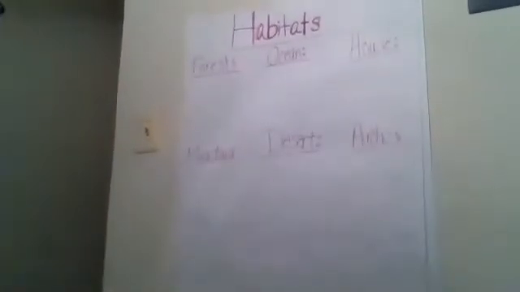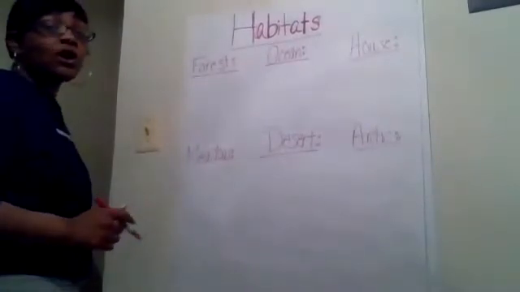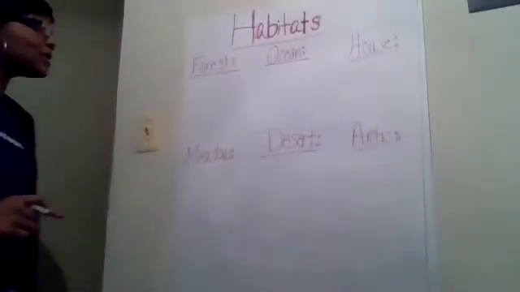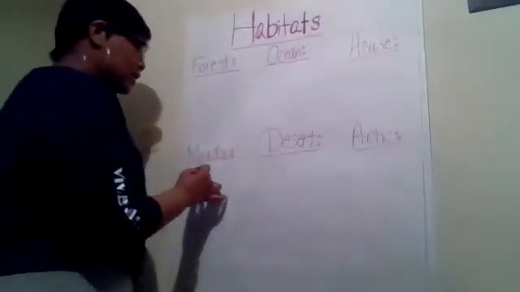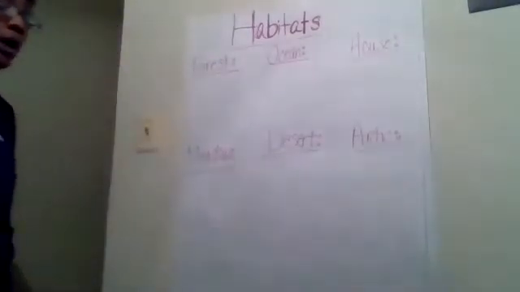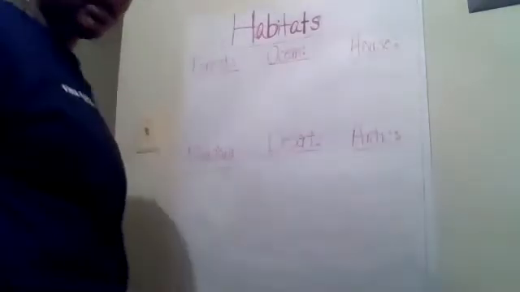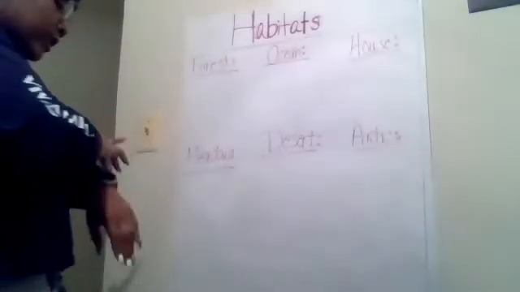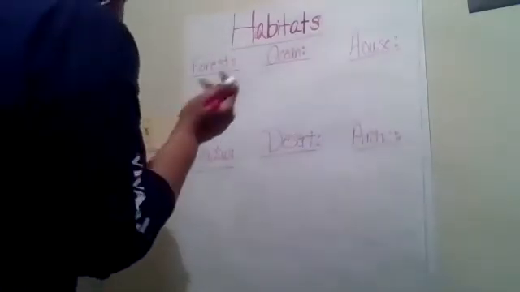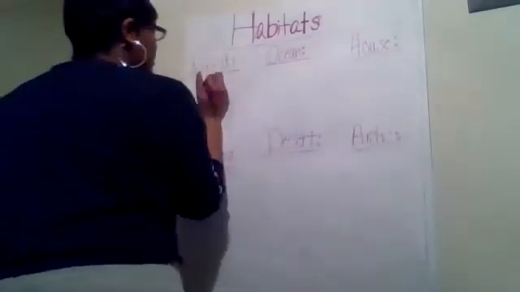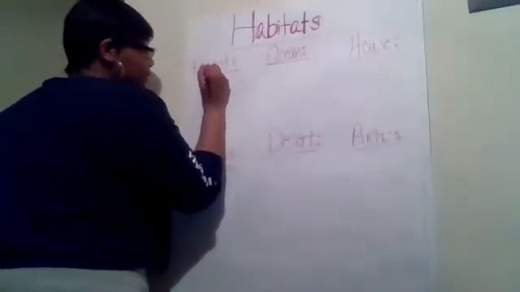So let's get started. So on my anchor chart over here, let's make sure this can be seen. There we go. On my anchor chart over here, I have forest, ocean, house, meadow, desert, and Arctic. So some animals that I think may use the forest as a habitat is, let's think about this. I think I'd see some bears in a forest.